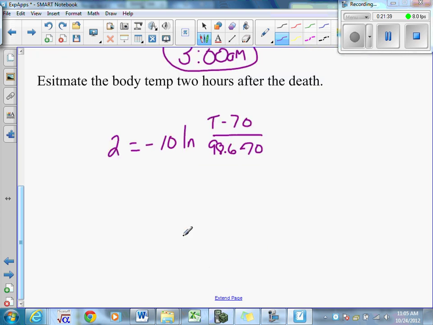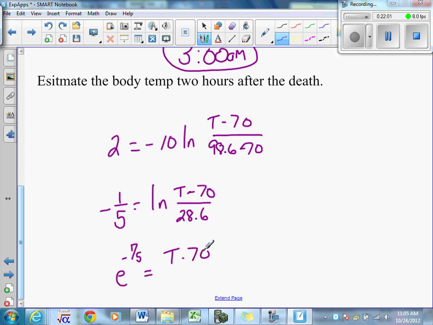Now this becomes just an exponential equation. I'll divide by 10. This is T minus 70. I can subtract the bottom as 28.6. And now I can say e to the negative 1/5 is equal to T minus 70.